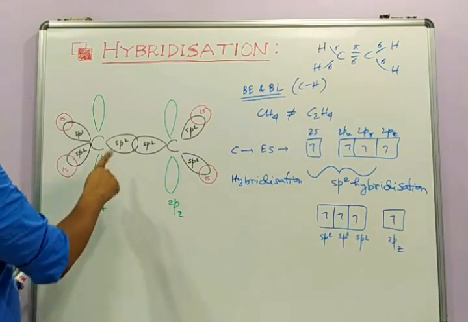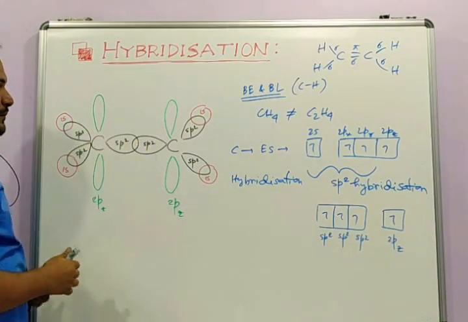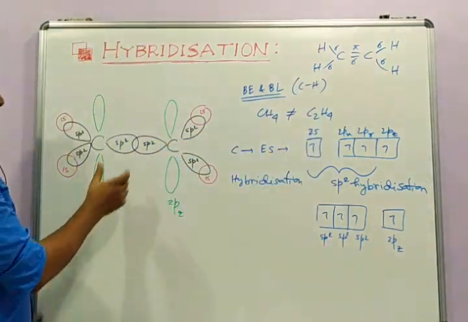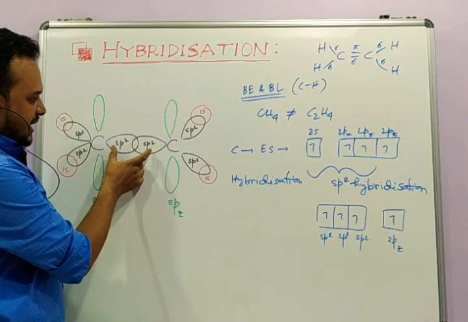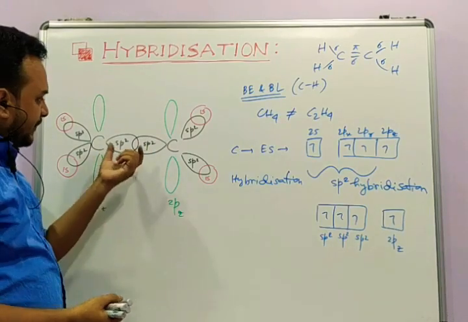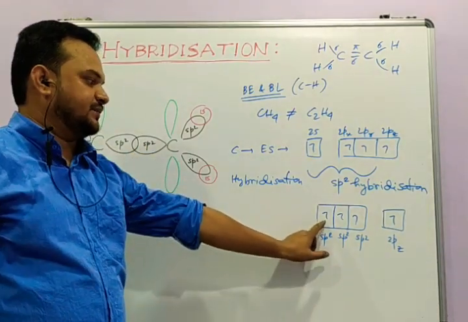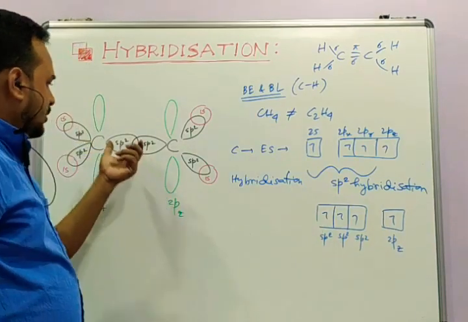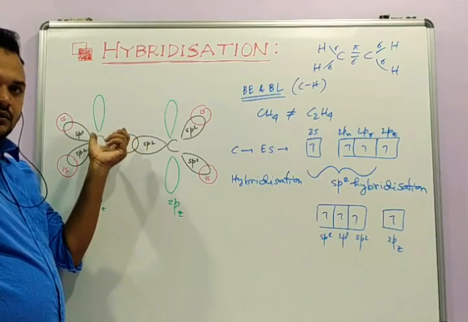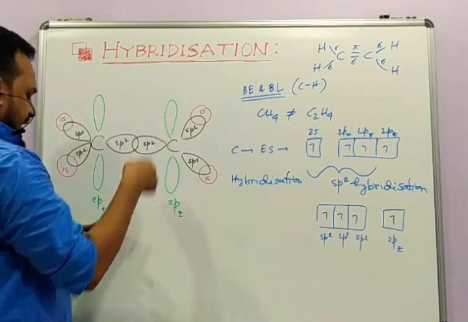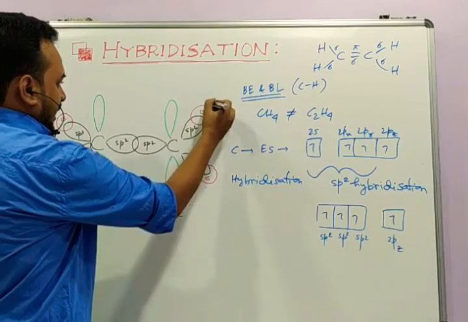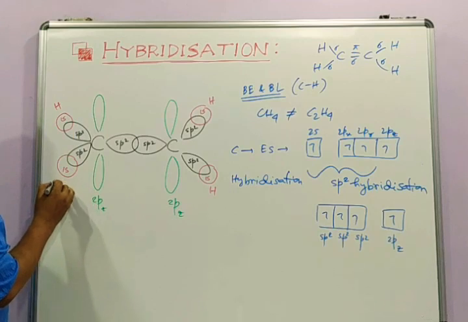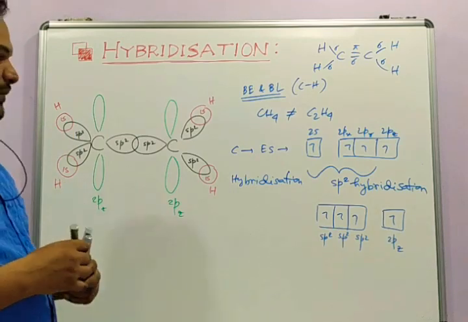So how is the sigma bond formed? By axial overlap. In ethylene, this carbon-carbon sigma bond is formed by axial overlap of two sp2 hybrid orbitals. Each carbon uses one of its sp2 hybrid orbitals to make the carbon-carbon sigma bond, and the carbon-hydrogen sigma bonds are due to the overlap between an sp2 hybrid orbital of carbon and the 1s orbital of hydrogen.